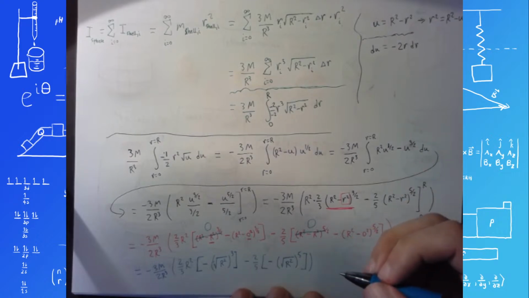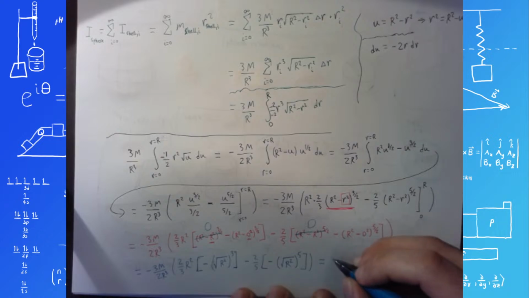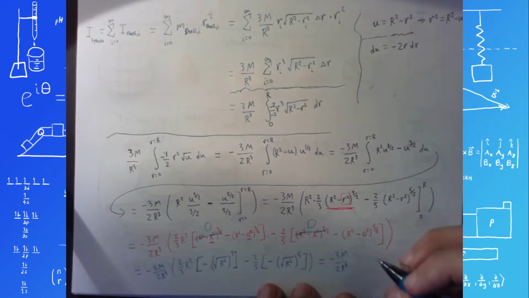We're getting there. So we have negative 3 big M over 2 big R cubed times 2/3.